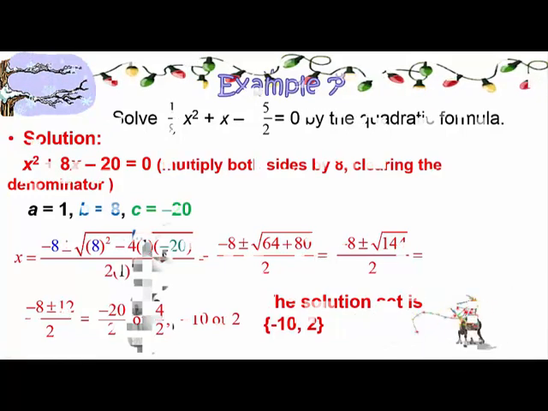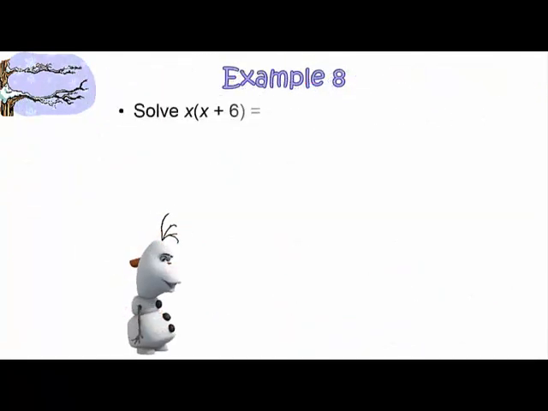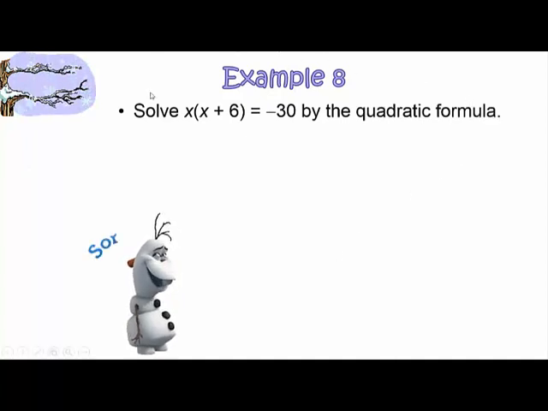Now for example 8, I'm actually going to do this one on the whiteboard also, because I'm going to work it out in a little more detail than I worked it out on the PowerPoint. So let's turn to the whiteboard.